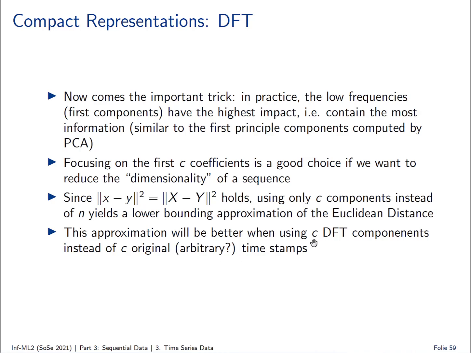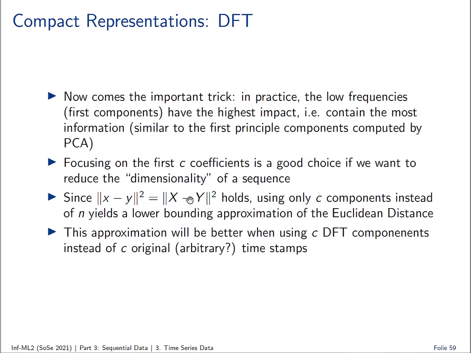So a dimensionality reduction to C components in the DFT space is much better than in the original space, because in the original space, if we just take the first C dimensions, meaning the first C time slots, this is absolutely arbitrary. We don't know if we take the time slots that contain the most important information or the least important information.